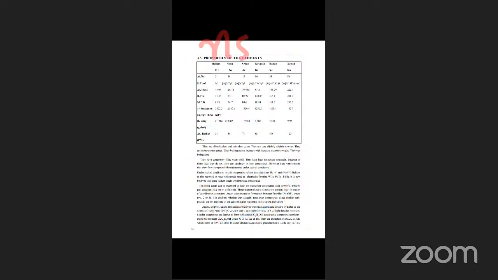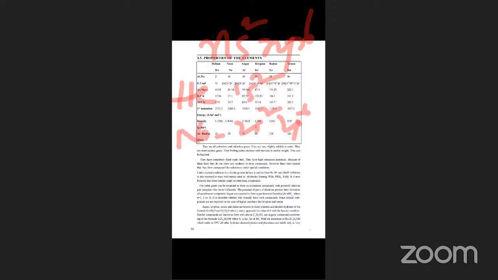If we are writing argon, neon core 3s2, 3p6. For krypton, argon core 3d10, 4s2, 4p6. Simply put, the general electronic configuration is ns2, np6, with only helium being 1s2. Neon is 2s2, 2p6.